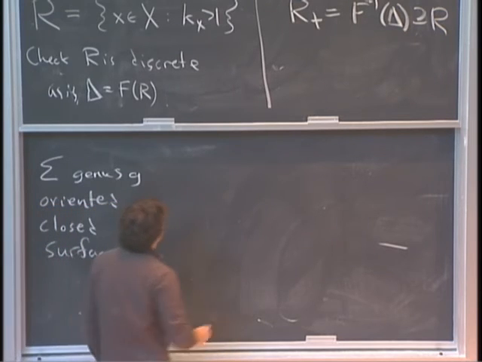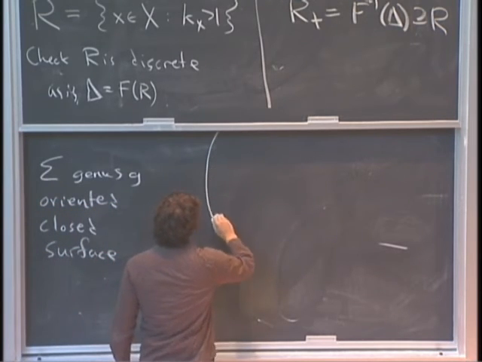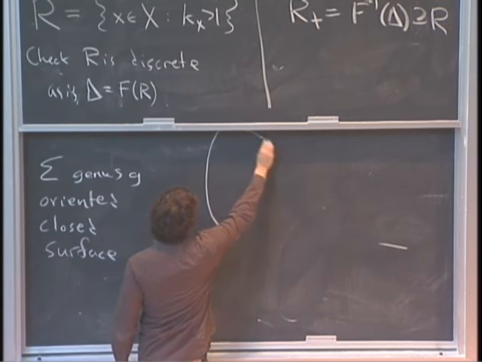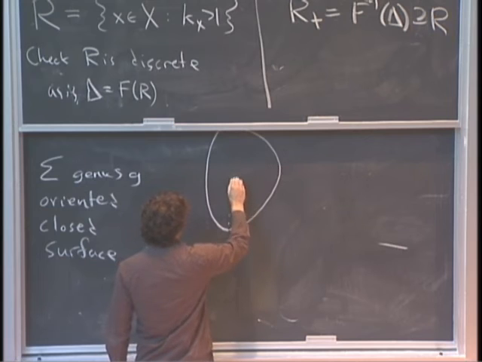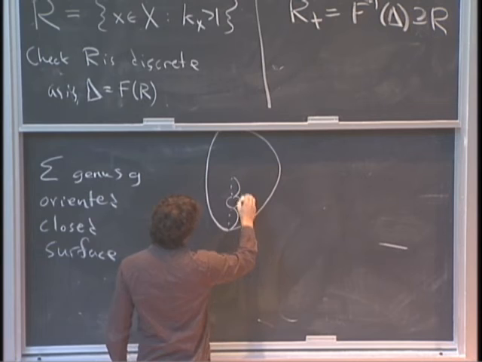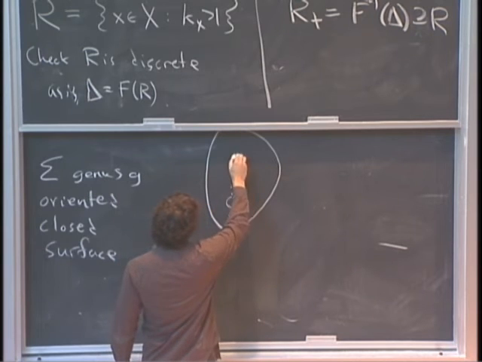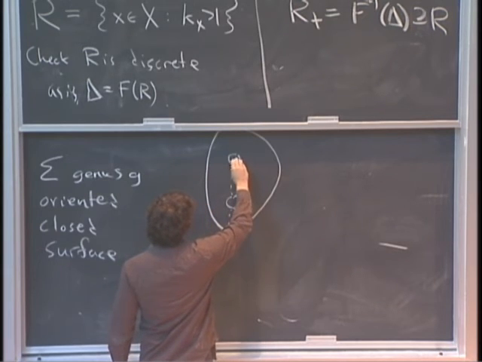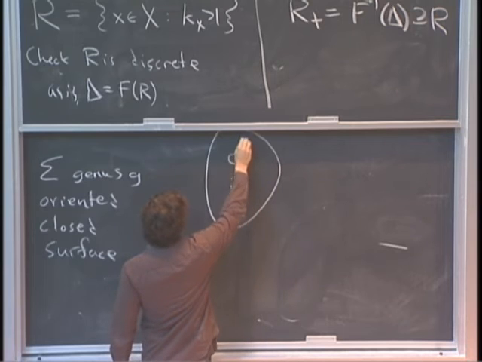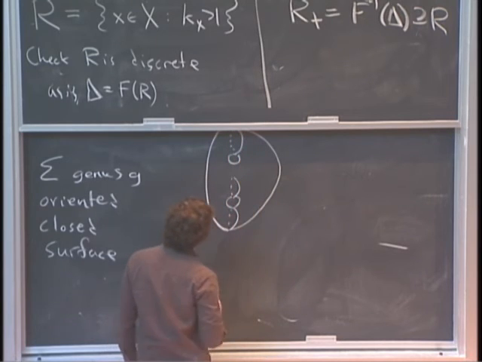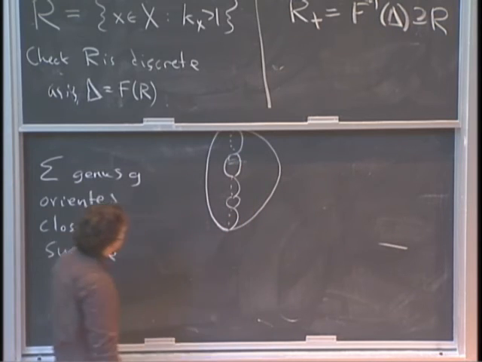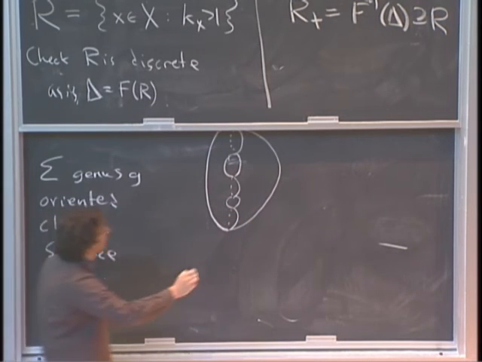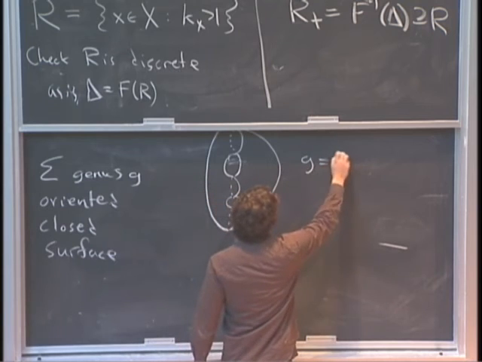Let's try and draw it symmetrically. So here's a genus 2 surface, G equals 2.